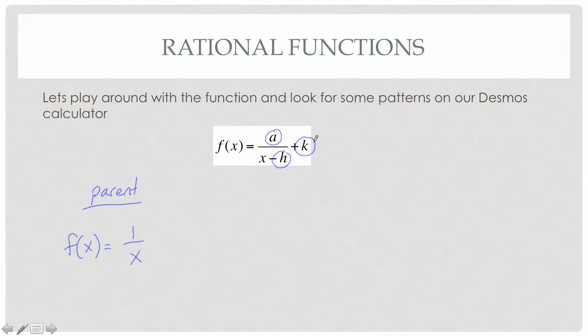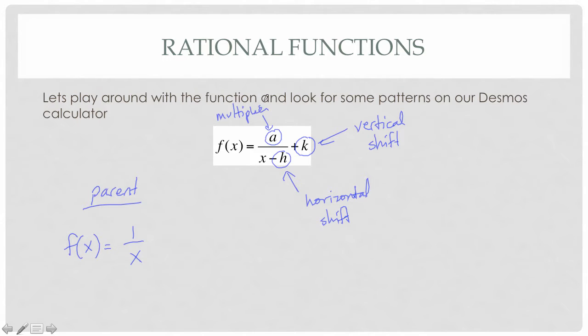And you probably already know that k is going to be your vertical shift, your vertical translation. It's going to move it up or down. We probably already know that h is going to move it horizontally. Horizontal shift, we can move it right or left. And a is kind of like your slope. It's your magnitude or multiplier. It's going to make things grow faster or smaller.